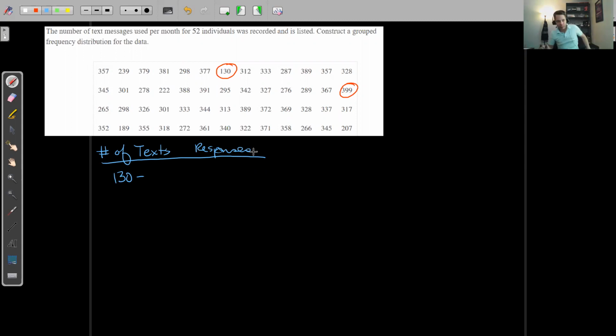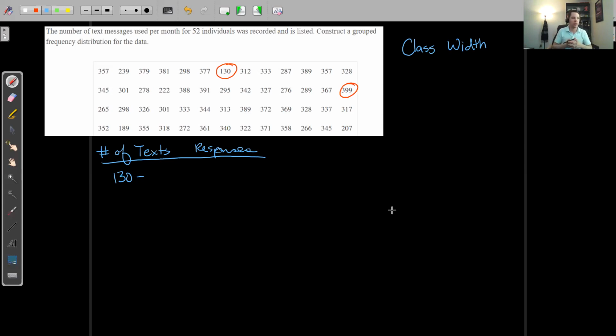Now, generally, we want to figure out some sort of distance to cover. You can kind of think of it as distance for our groups. What that's called is the class width. There are some systematic ways to figure out a class width size. Generally, it's based on how big the numbers are.